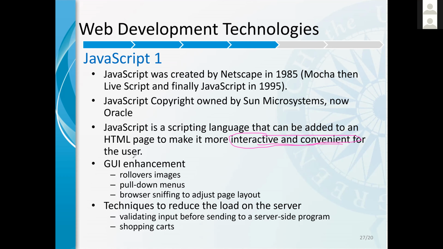So these are some of the things that you can have, like GUI enhancement, or enhancement of the graphical user interface, like rollover images, pull down menus, and browser sniffing so that you can adjust the layout. You can also use it to reduce the load on the server, so that you can validate the input before you send it to the server-side program. And things like shopping carts can be done using JavaScript.